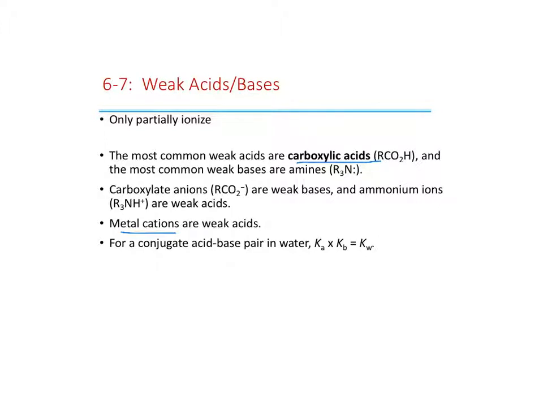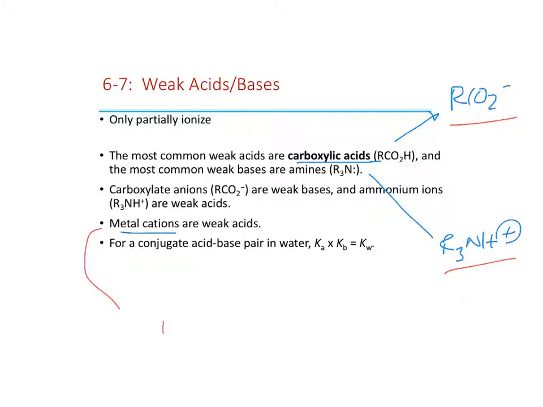So carboxylic acids, their conjugates are carboxylates, CO2-, and amines, their conjugates are ammonium ions. So carboxylic acids are weak acids, amines are weak bases. Also, their conjugates, carboxylate and ammonium salts, tend to be weak as well. So carboxylates are weak bases and ammonium salts are weak acids.